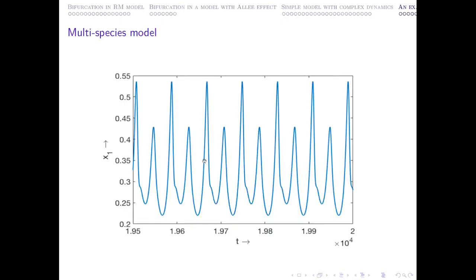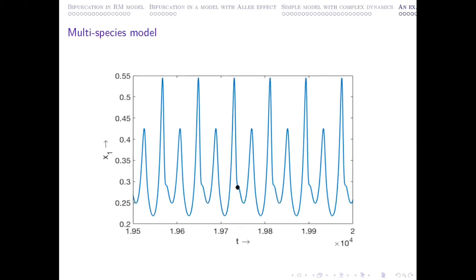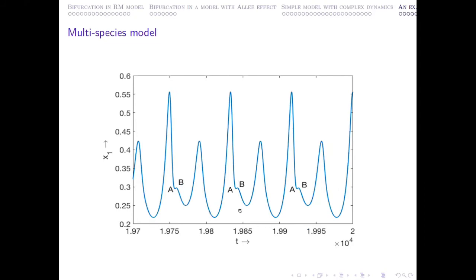If you keep on changing the parameter value, you can see some distortion in this part of the time series, and at a particular threshold, if you have a close look, you can find this is a point of inflection. And after this point of inflection, two new local maxima and minima appear.